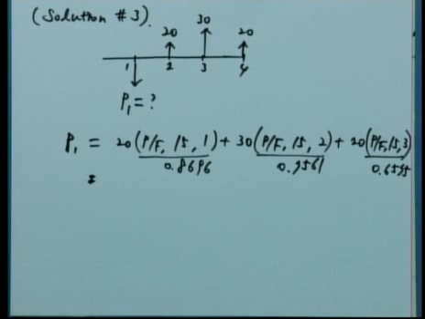So it's 20 times 0.8696, 30 times 0.7561, and 20 times 0.6575.